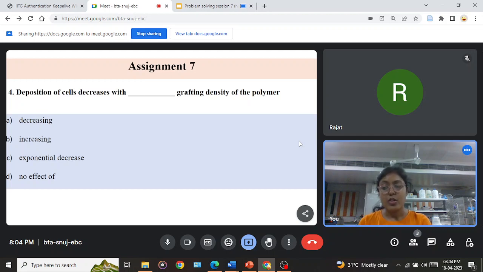The deposition of the cells decreases with increasing grafting density of the polymer.